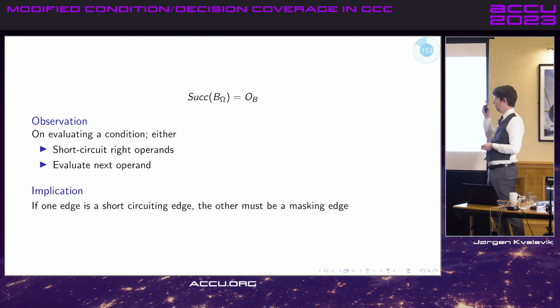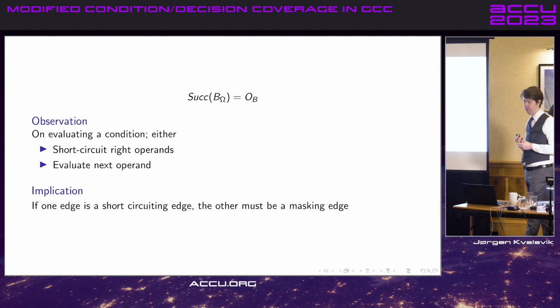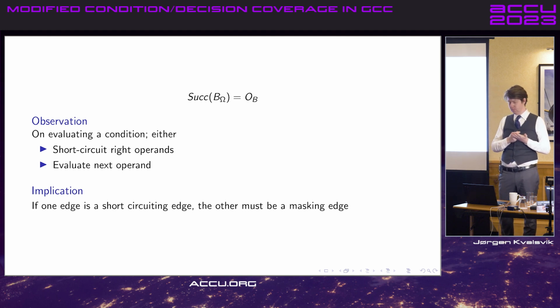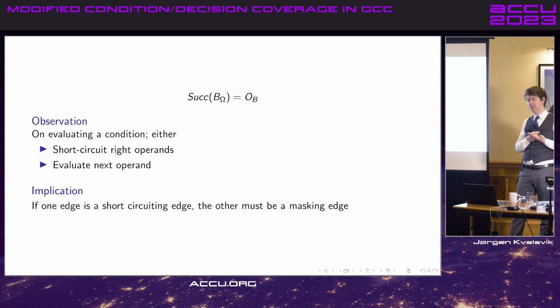Okay. So this is what I pointed out earlier too, that the successors of the last term in an arbitrary sub-expression will be the outcome of the expression as a whole.